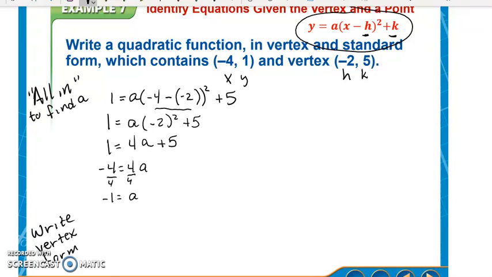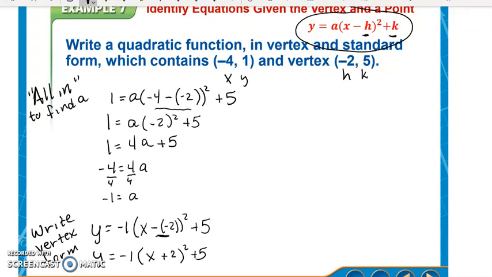So y equals our a, which is negative 1, x we leave alone, minus negative 2, plus 5. This one requires a little bit of simplifying: y equals negative 1 times x plus 2 squared plus 5.